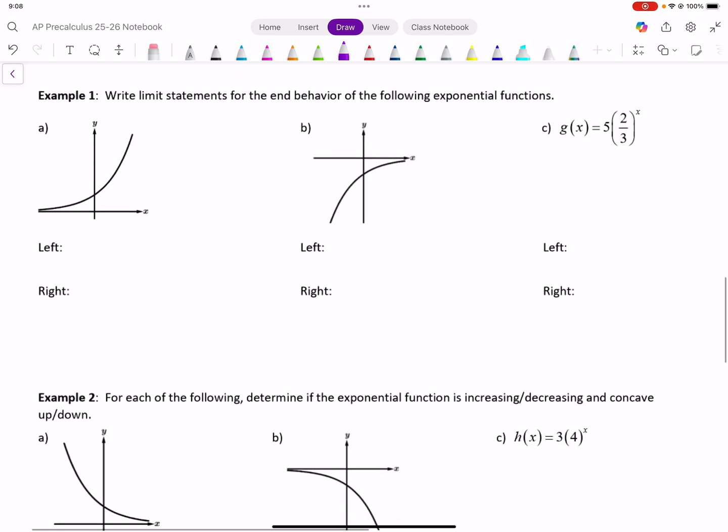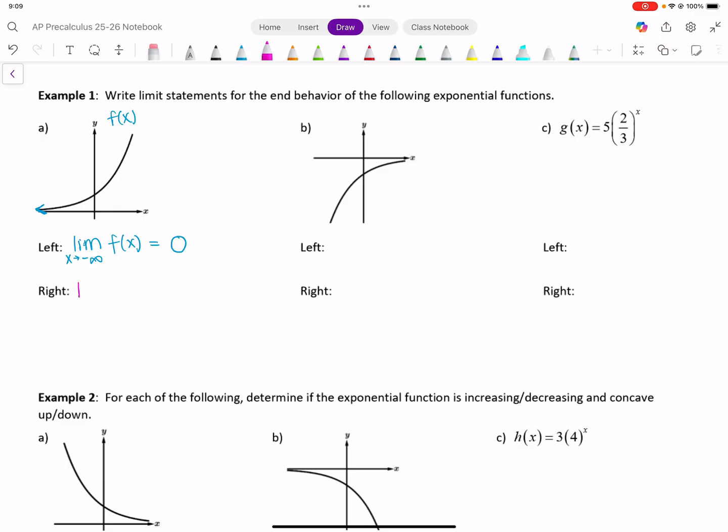So now we're going to write some limit statements for the end behavior of our exponential functions. So our left limit would be the limit as x approaches negative infinity of our function, and we'll just call this f of x. And as we go to the left, we can see that our y values get closer and closer to 0.